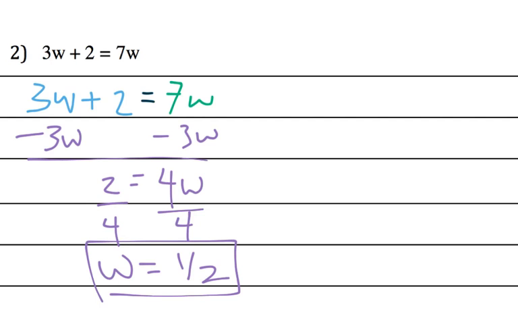Let's check it. 3 times 1/2 plus 2 equals 7. And not w, don't forget you have to plug it in all spots. So 7 times 1/2. That means that this becomes 3 over 2.